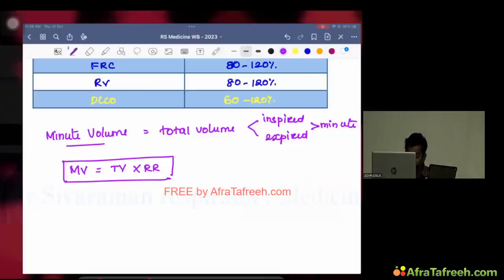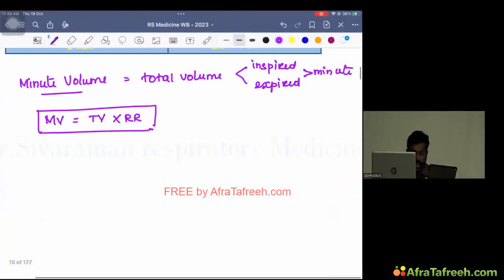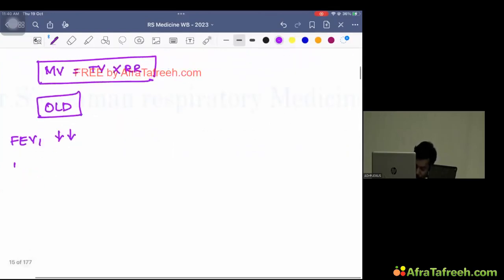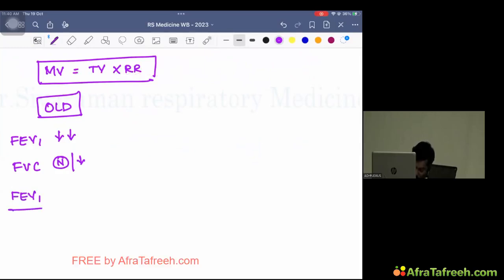Now, whenever there is an obstructive lung disease, FEV1 is decreased and FVC is almost trying to reach normal, or it might be slightly decreased. Whenever you take the ratio FEV1 by FVC, it is going to be decreased.